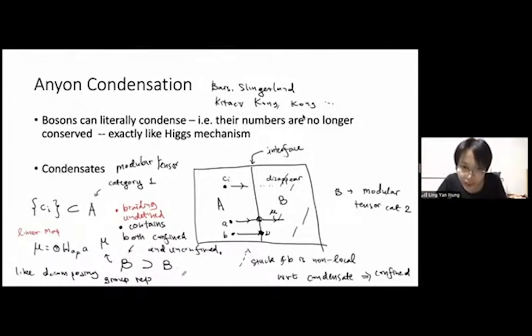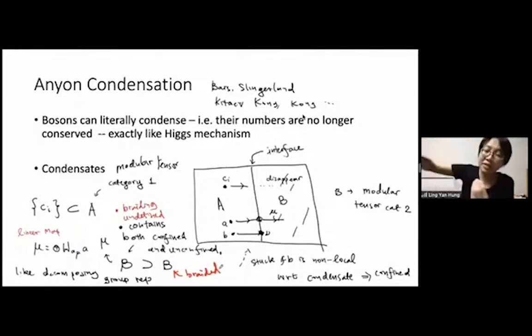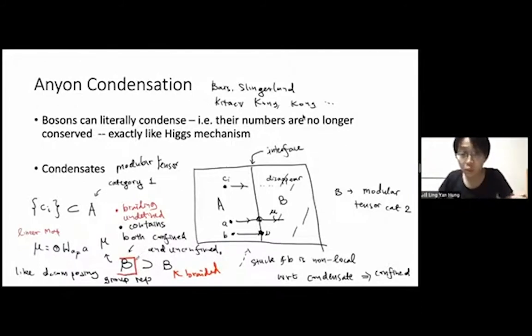But then only a part of it can run wild in B, and B running wild means B is a braided tensor category. You can still define braiding, have one object moving around the other, but not all the objects in the new set have braiding well defined, because some of them are not local with respect to the new vacuum. Among the objects, they can fuse.